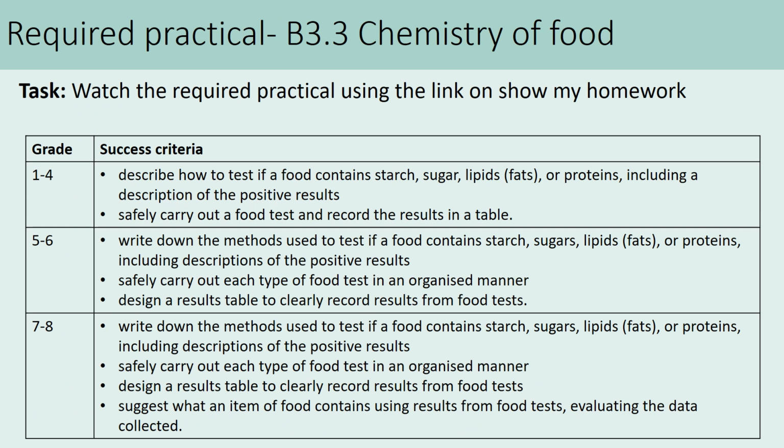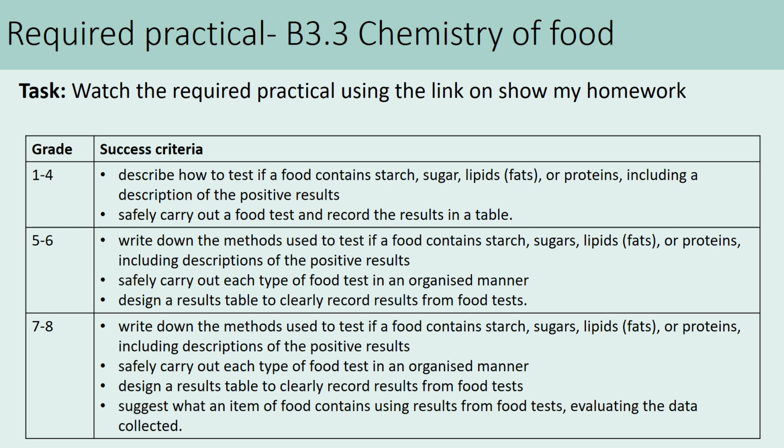So as you're going through this, please make sure that you are following the success criteria for grades 1 to 4. You need to describe how to test for each of those things, how you would do it safely. So as it's happening, how would you do it safely? For 5 to 6, you need to put all of your results into a table.